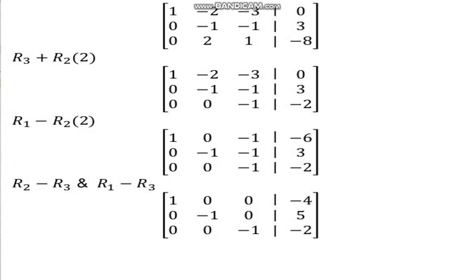For more simplification, R2 minus R3 and R1 minus R3 together, then we get the new matrix 1, 0, 0, -4, 0, -1, 0, 5, 0, 0, -1, -2.